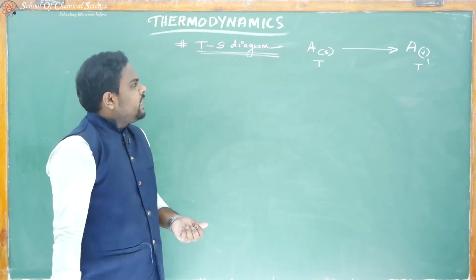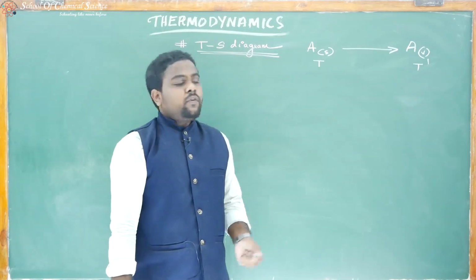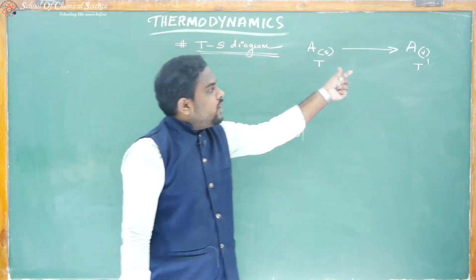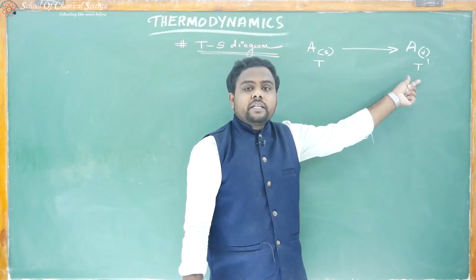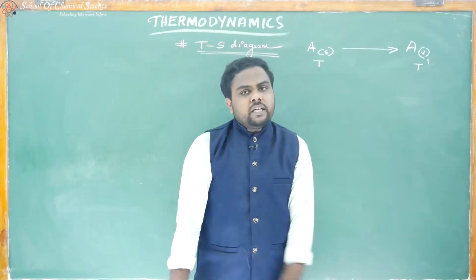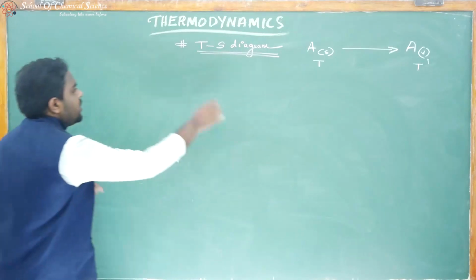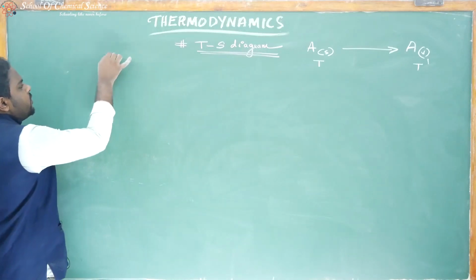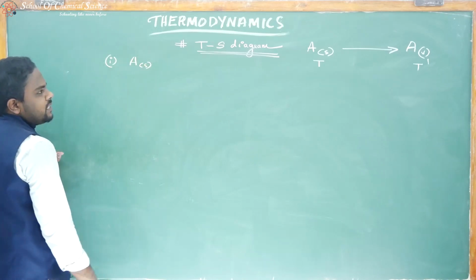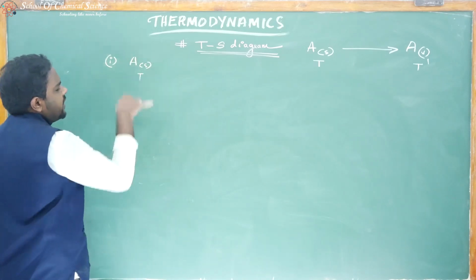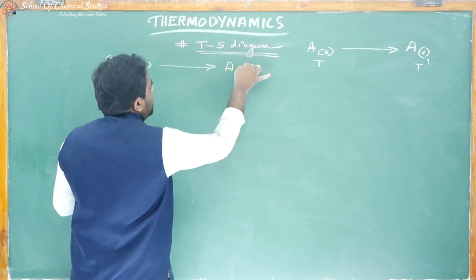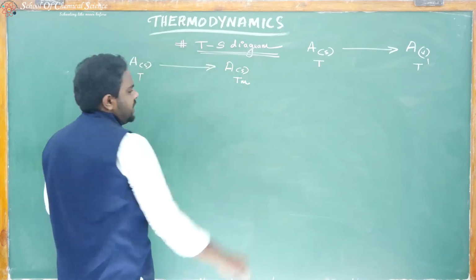So listen, here A is a solid at temperature T, for example, ice at minus 10 degrees Celsius, converting into water vapor at, for example, 400 degrees Celsius. So definitely it passes through several steps. First step, A is a solid at temperature T, converting into a solid at the melting temperature Tm.